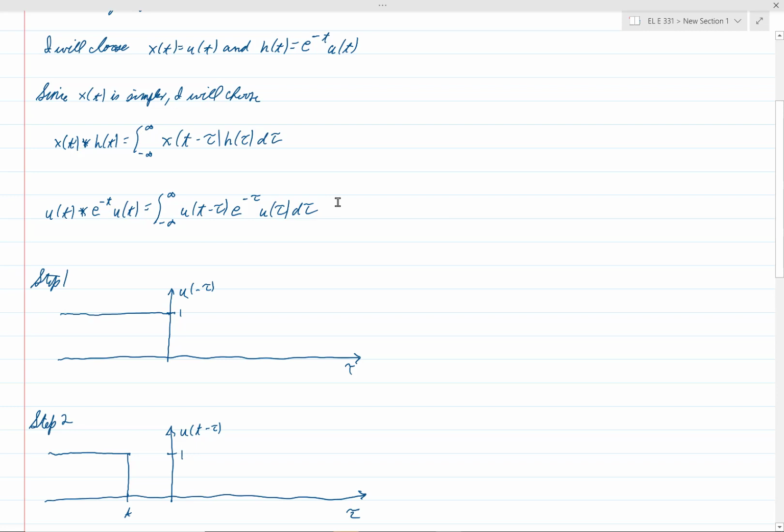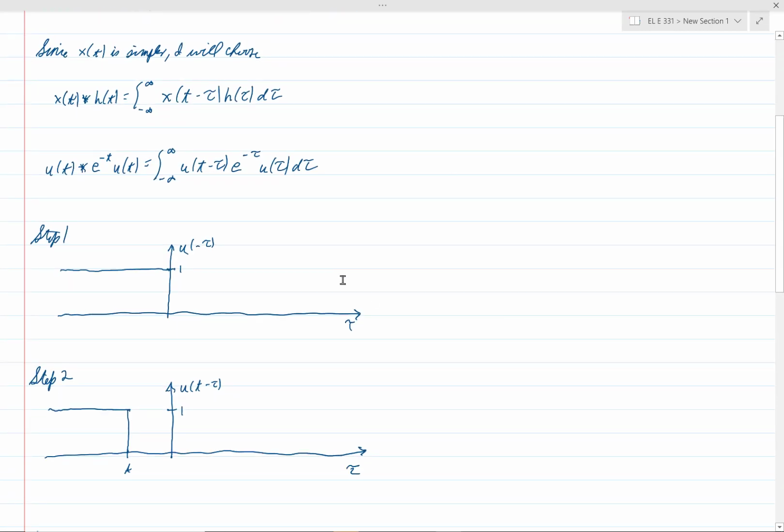Okay, so now step 1. We're looking at the function that has t minus tau as its argument, and we're going to at first just drop off the t and look at u of minus tau in this case. So u of minus tau looks like this, and then when we shift it by t, we get u of t minus tau looking like this in step 2.